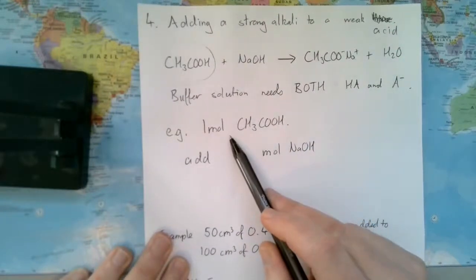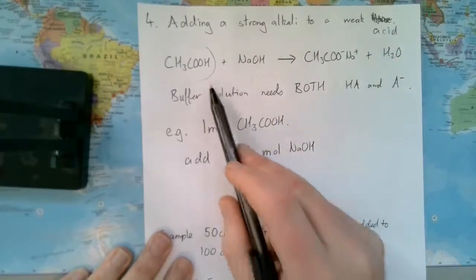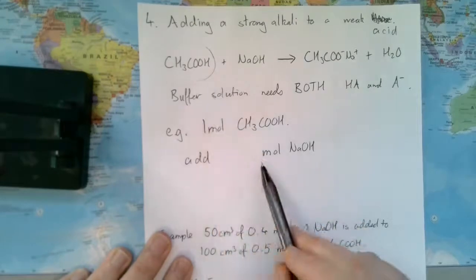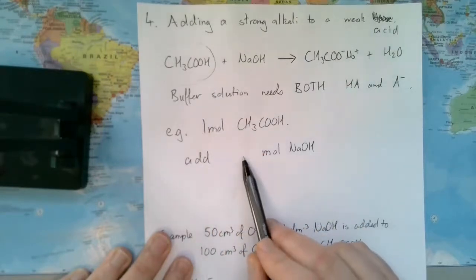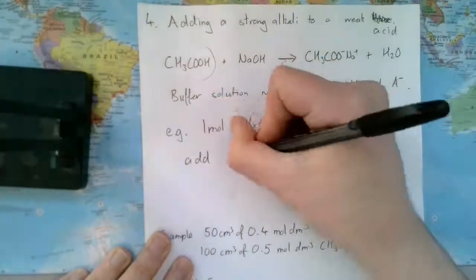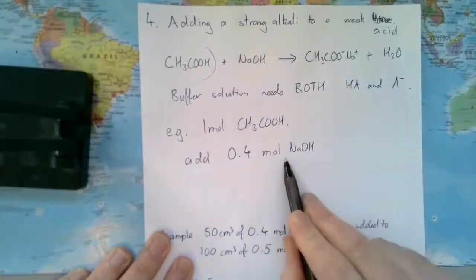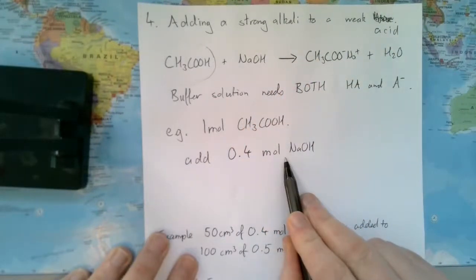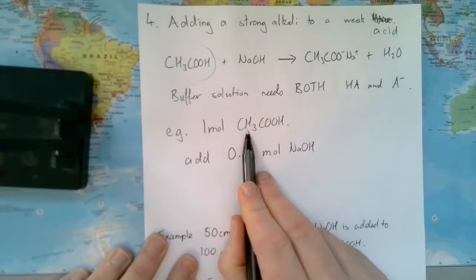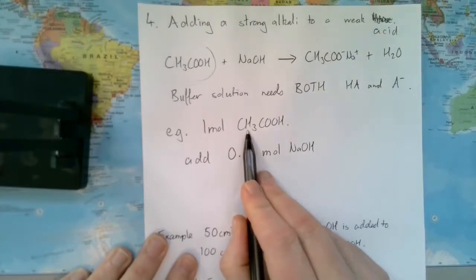So, easy example, if I give you 1 mole of ethanoic acid, you need to add an amount of sodium hydroxide that is smaller. So let's say we add 0.4 moles of sodium hydroxide. The ethanoic acid's in excess.